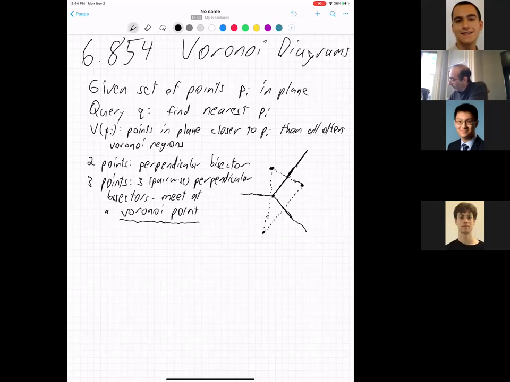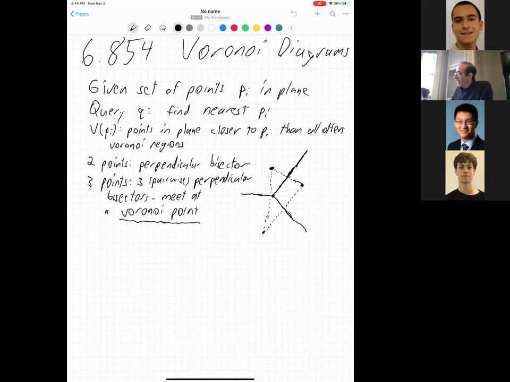Okay. Now you'll notice that I've drawn all 3 of them meeting at the same point. Is that some weird coincidence? I mean, obviously any 2 lines intersect, but why should all 3 of these lines intersect at the same point? It's the circumcenter of the triangle. Exactly.